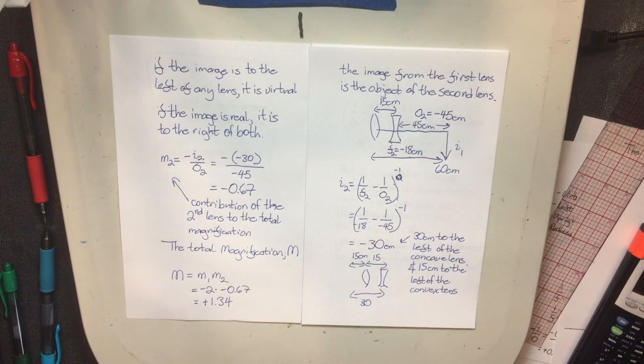You rerun the numbers again to find the final image. And then you discover both magnifications, multiply them together, and boom, there you go. So that's the compound lens. And that is one of the things that you'll be doing this week and in the formal lab report this week.